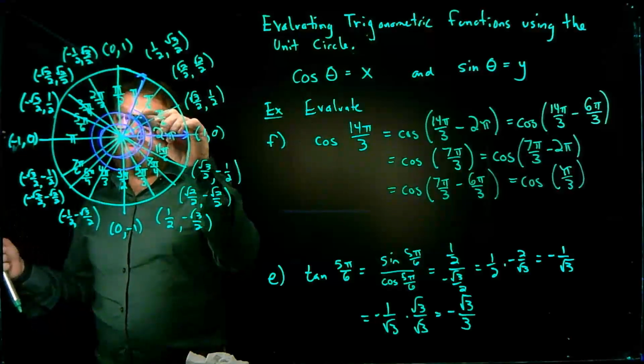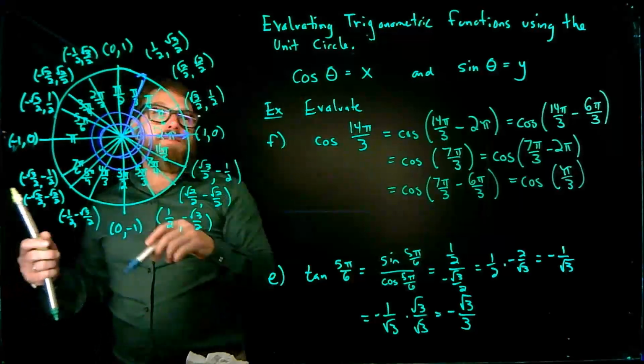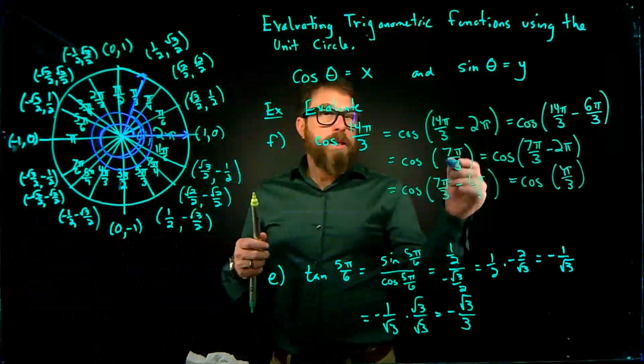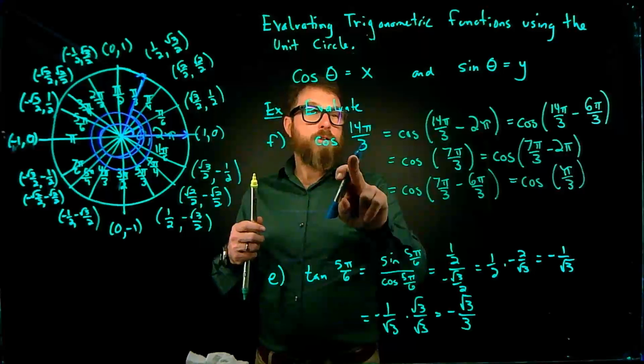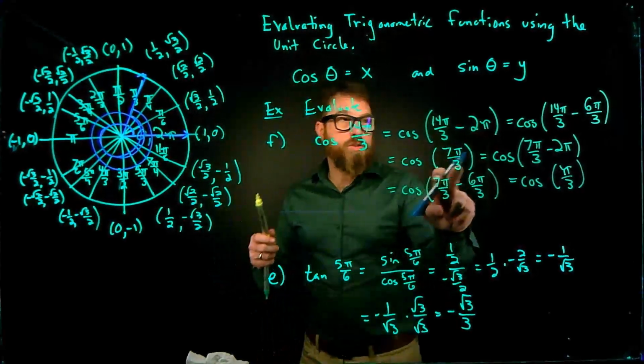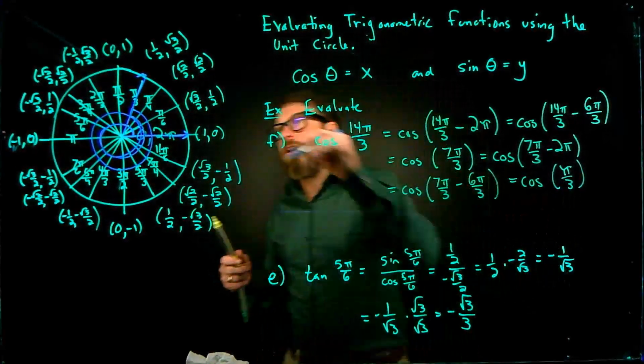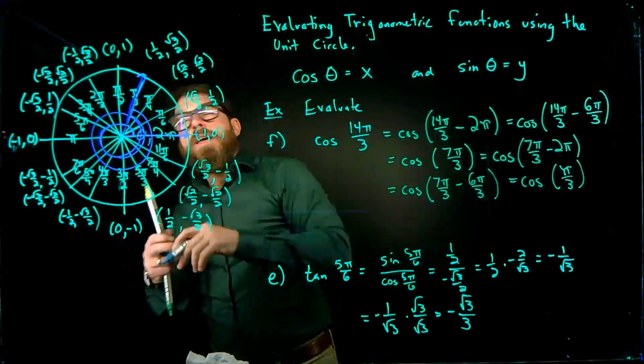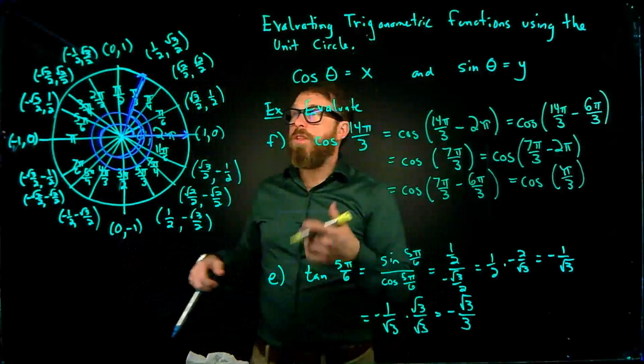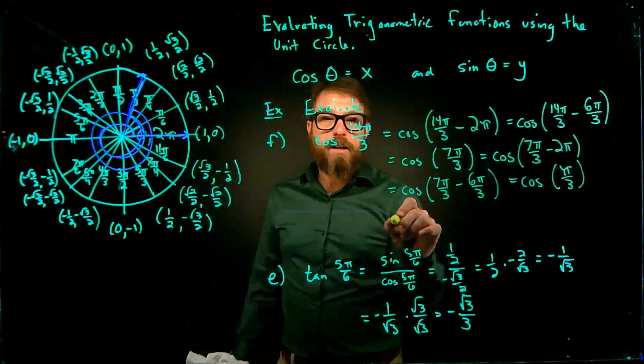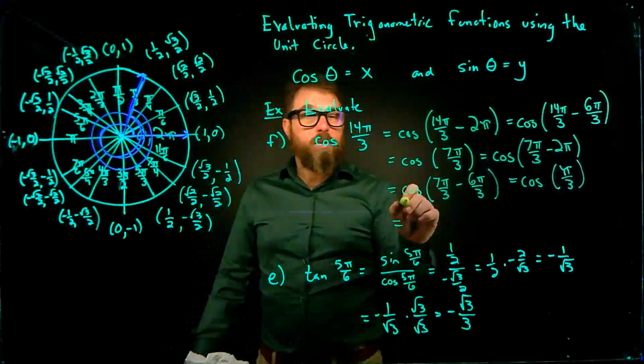And then I can subtract off another full revolution, which is going to give us pi over 3. So this 14 pi over 3 is coterminal to 7 pi over 3, which is also coterminal to pi over 3. They're all going to land right here. And since the cosine is nothing more than the x-coordinate of its terminal side, this is going to equal a half.